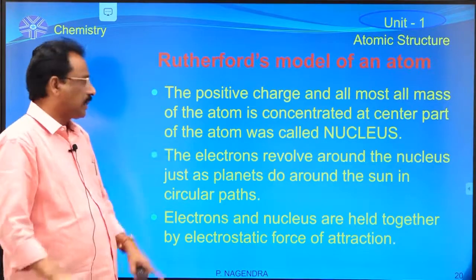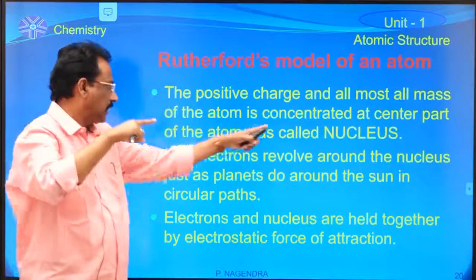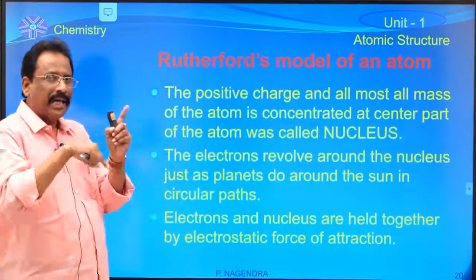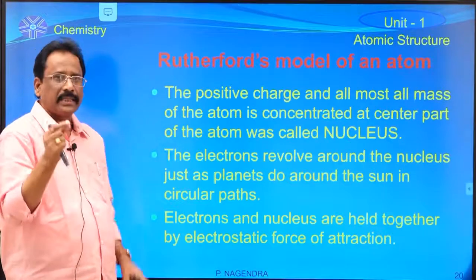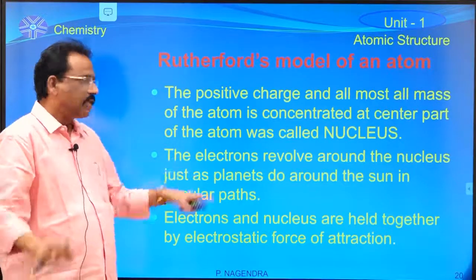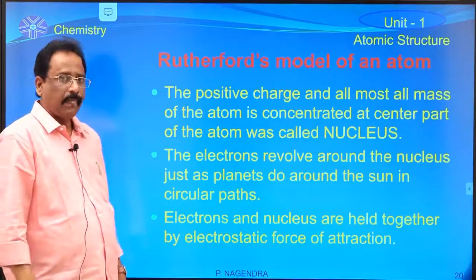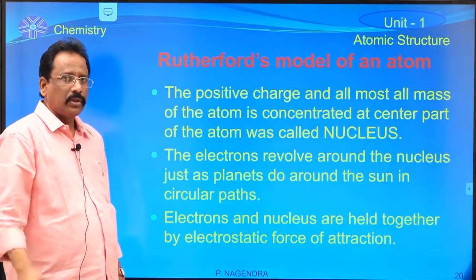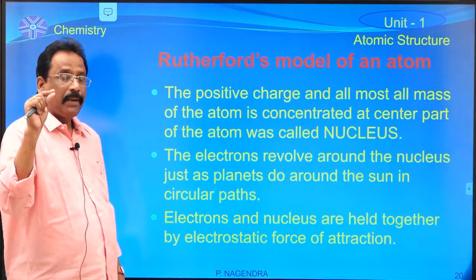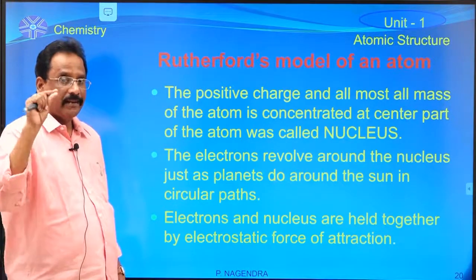And the electrons revolve around that nucleus with high speed in circular paths, just as planets do around the sun. That's why this atomic model is also called the planetary model of an atom.